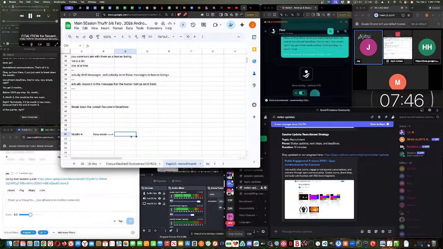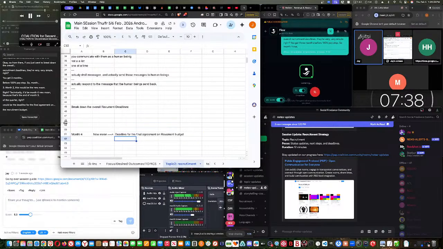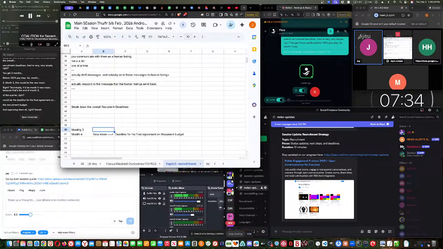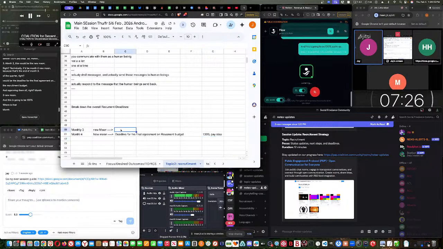That would be the deadline for the final agreement on the recruitment budget and approving them all. Month 3 new moon, and this is going to be 100% pay stub. Month 3 for the new moon would be after 2 months, right?